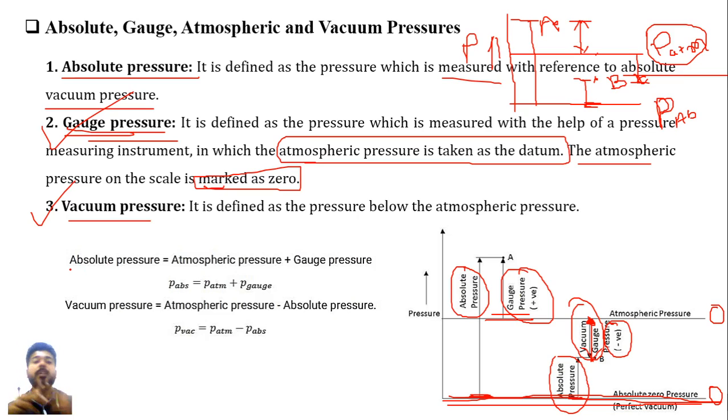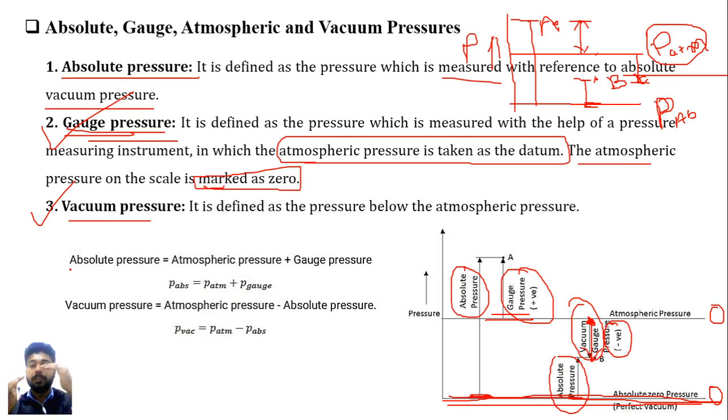Only you have to remember two reference lines. First one is the absolute pressure line, and the second line above the absolute pressure line is your simple atmospheric pressure line where we are living. Okay, so above atmospheric pressure, that is gauge pressure or positive gauge pressure. Below atmospheric pressure, that is negative gauge pressure or vacuum pressure.